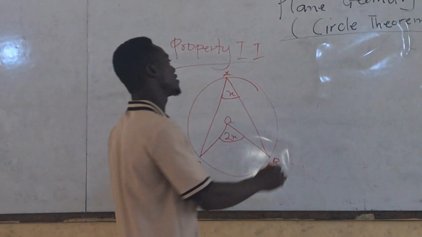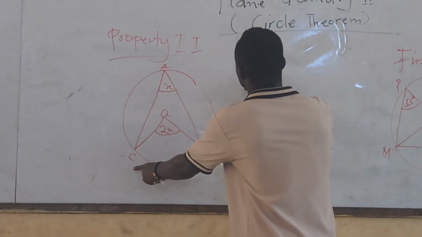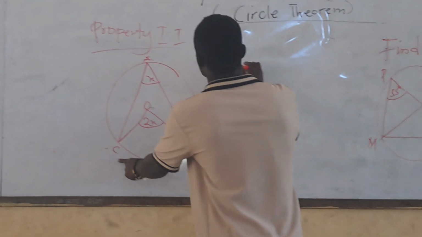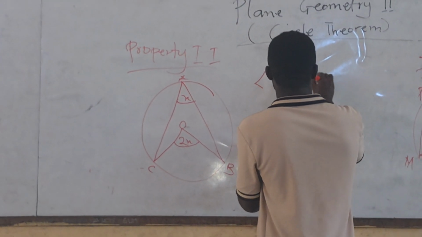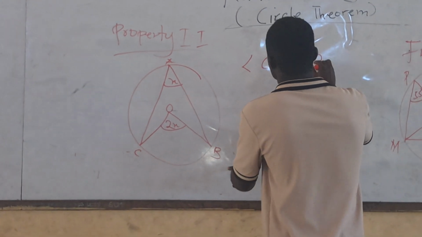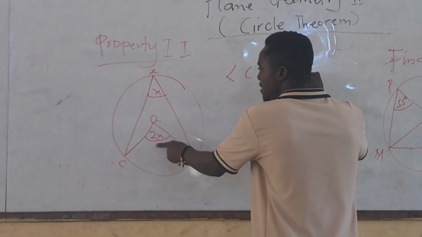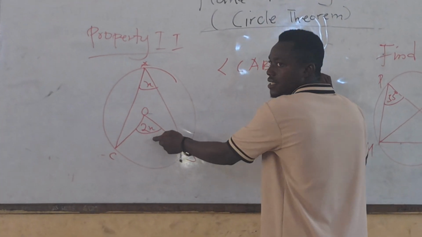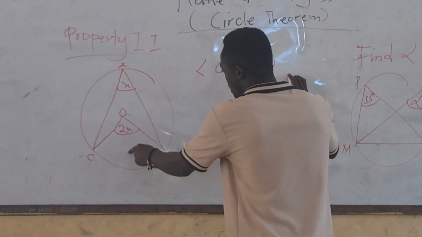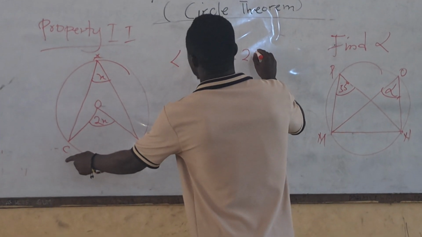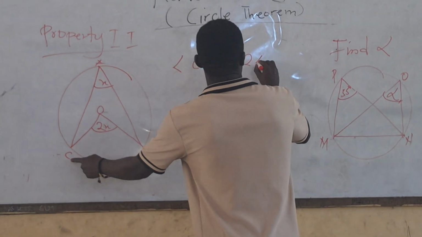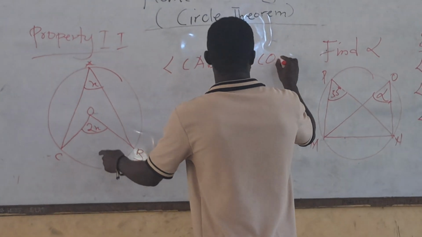So you can say that angle CAB is equal to twice the angle forming at the center of that circle. So this is going to be 2 times angle COB.